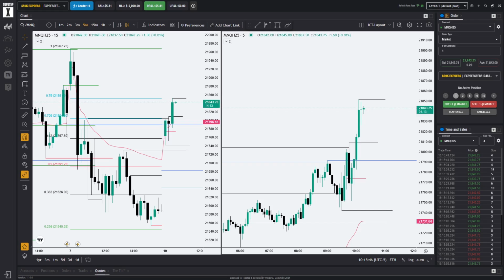Nvidia, Alphabet, everything is going up. Microsoft 1% up, Google 2%, 1.2, Nvidia 3.4.